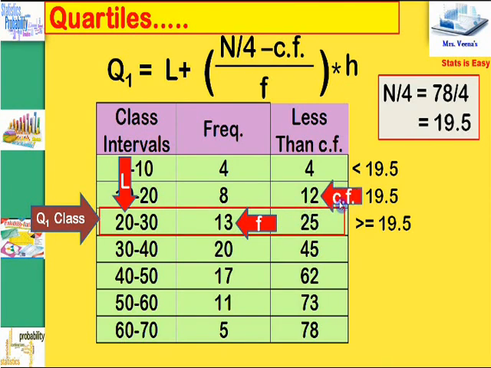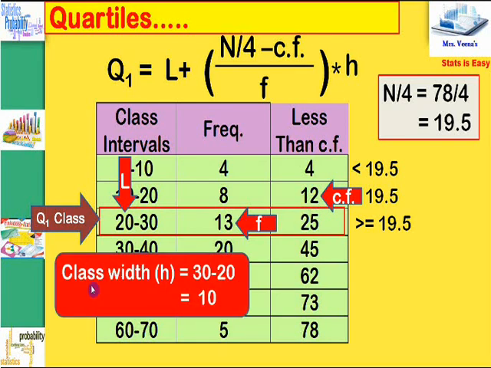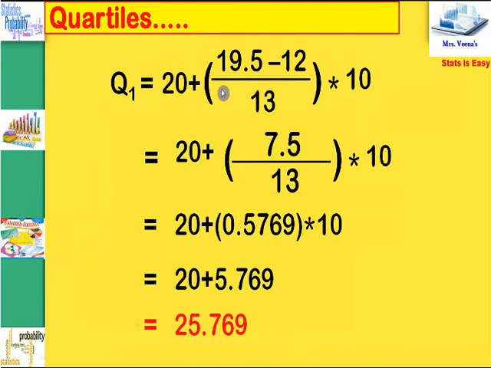Cf is the cumulative frequency of the class which is preceding the Q1 class, and the class width is 30 minus 20, which is equal to 10. Now substitute all these numbers in this formula.